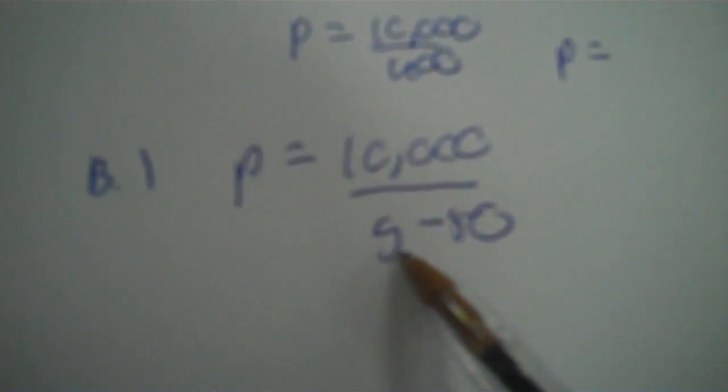So P equals 10,000 divided by 400 minus 50, that's 350. Then you divide 10,000 by 350, which is 28.57. That makes sense because when I'm using less gallons, the miles per gallon, the P, goes up.